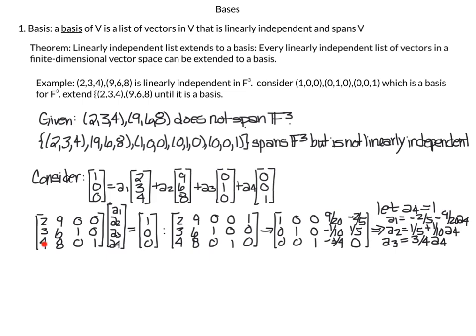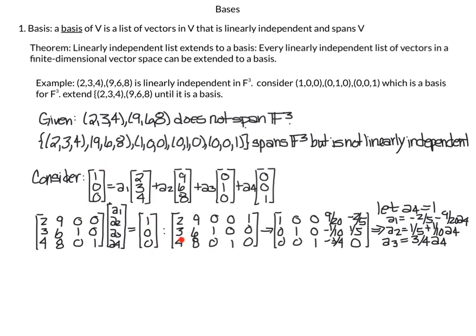I have my matrix now: my first vector, 2, 3, 4, my second vector, 9, 6, 8, my third vector, 0, 1, 0, my fourth vector, 0, 0, 1, times my coefficients or my variables, A1, A2, A3, A4, and that's equal to my solution vector. I want to know if it's a linear combination of 1, 0, 0.